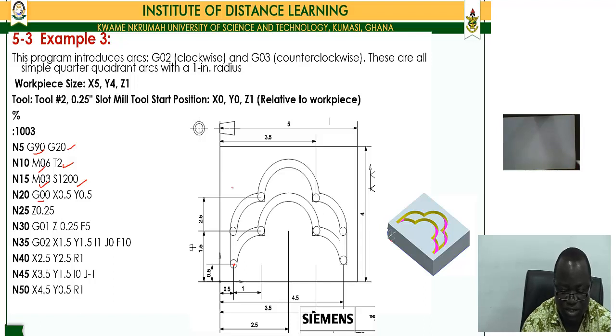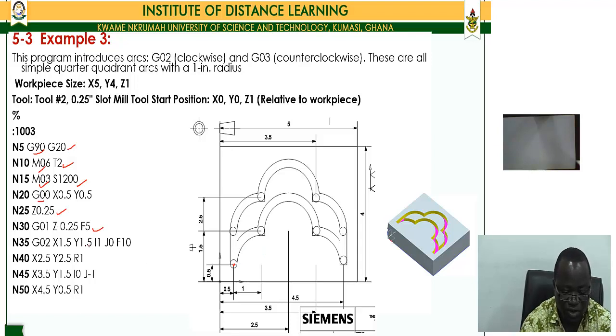So the tool sits here. Then we give a Z 0.25. So we advance the tool a little bit closer to the workpiece, but because the Z is still positive, it is not doing any cutting. Before it starts to feed into the work at minus 0.25 in depth, so it feeds down minus 0.25 at a feed rate of 5 inches per minute.